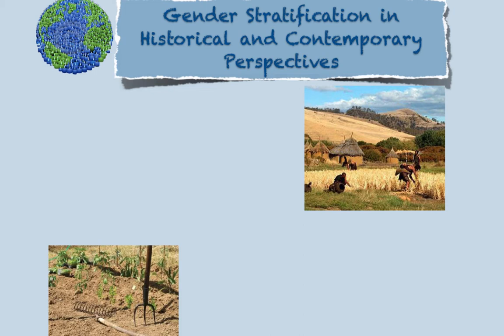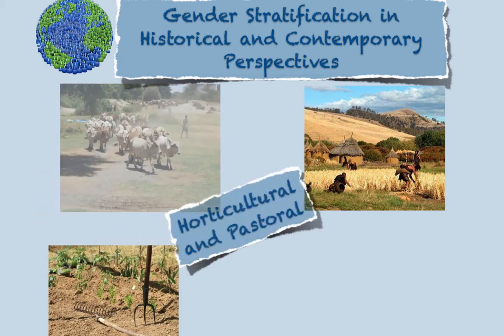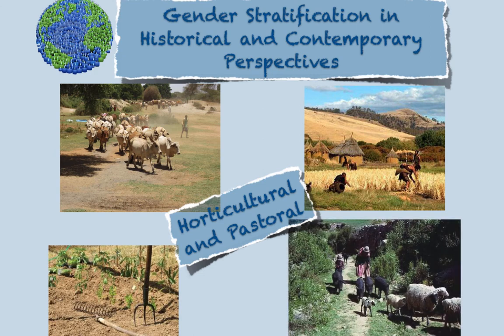When we started to move towards pastoral, this is domestication of animals to provide food. Herding is done primarily by men. Women contribute relatively little to the subsistence production of food in such societies. Their primary value is their ability to bear children. And we start to see this distinction between men and women and what they provide to the overall benefit of a society.